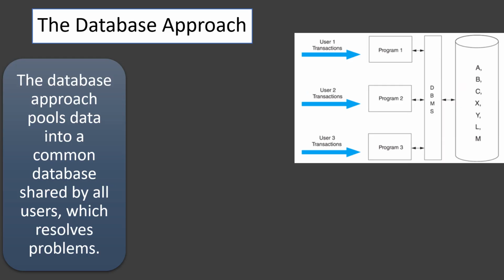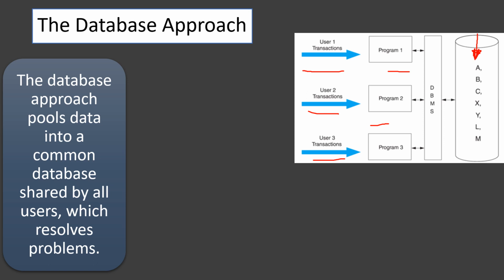You see in this picture the concept of the database approach. We have many users and many programs, but only one database, and this database is integrated and managed by separate software called the DBMS, or Database Management System.